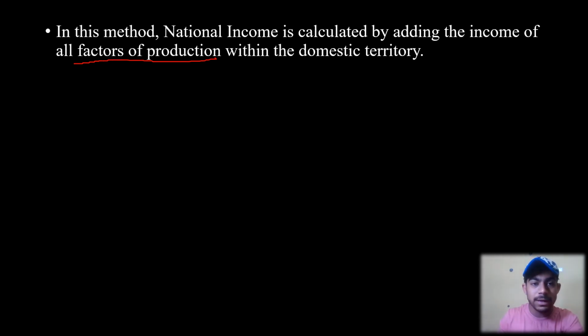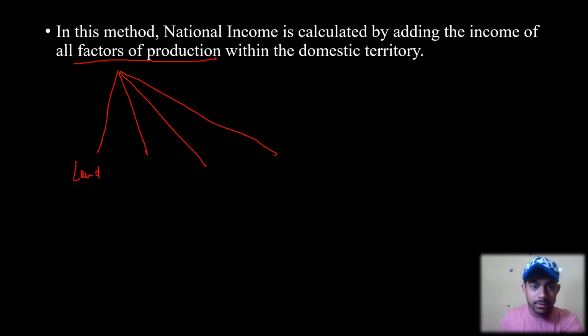So, we basically know that there are four factors of production, that is mainly land, labor, capital, and entrepreneurship.